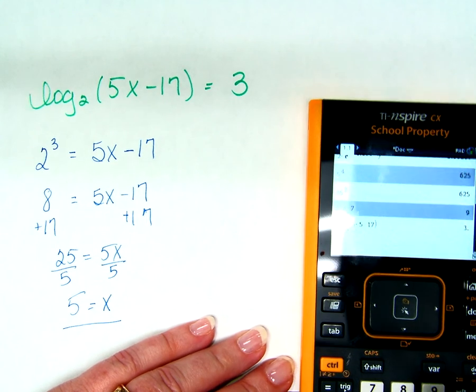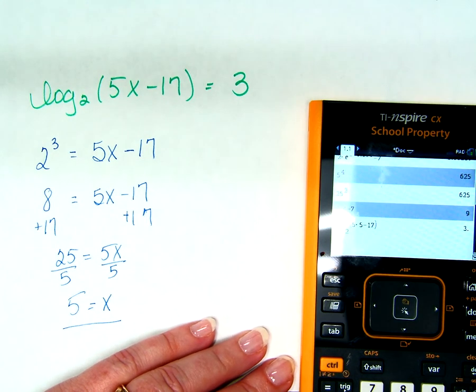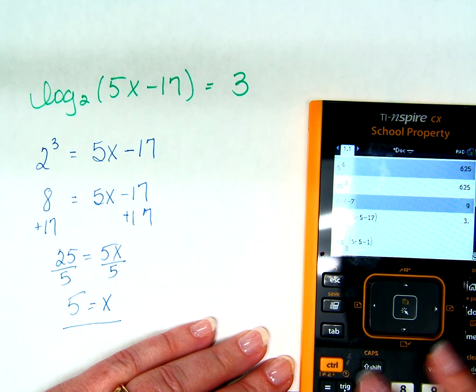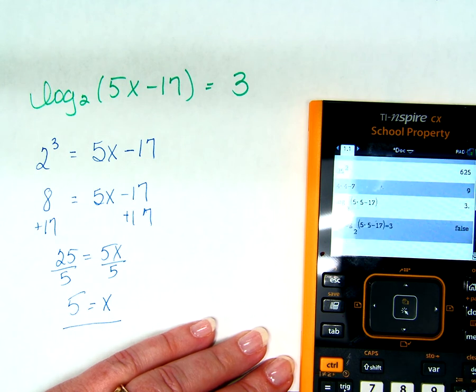Or remember, I could put log base 2 of 5 times 5 minus 17 equals 3, and then hit enter.